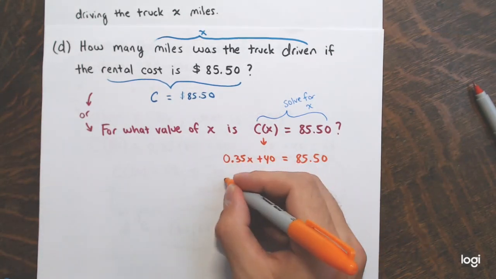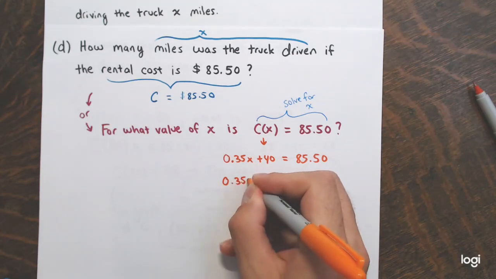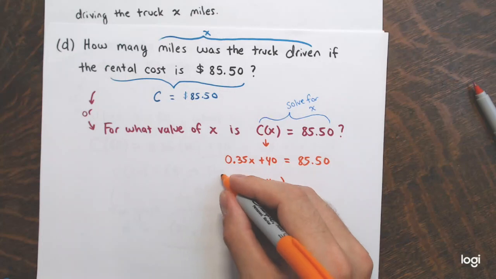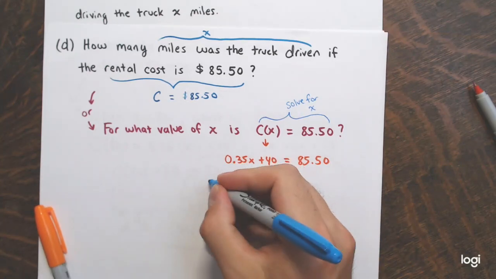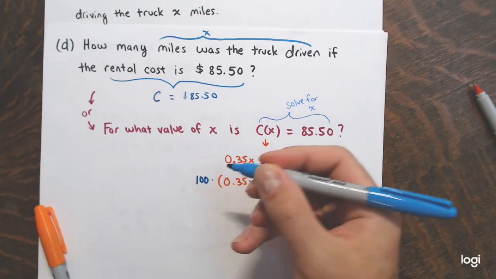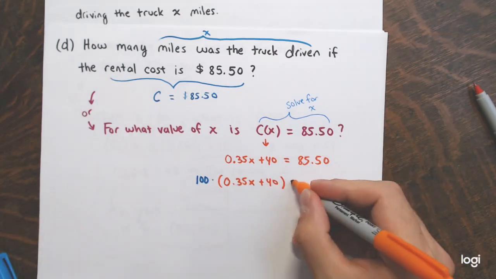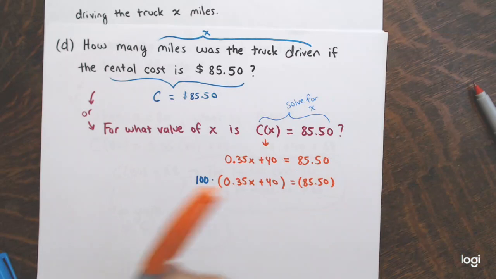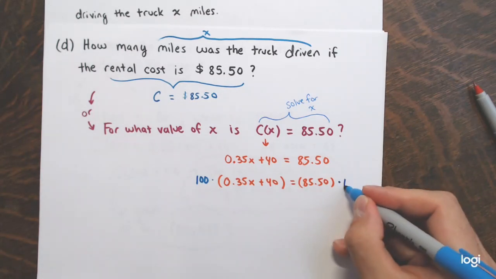First I'll take 0.35x plus 40, and we're going to take that entire side and multiply it by 100. And I do the same to the other side: take 85.50 and multiply that by 100 as well.